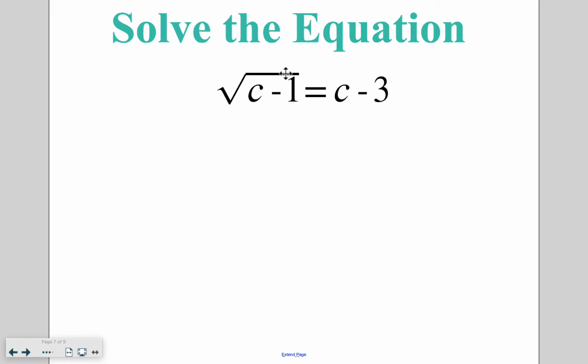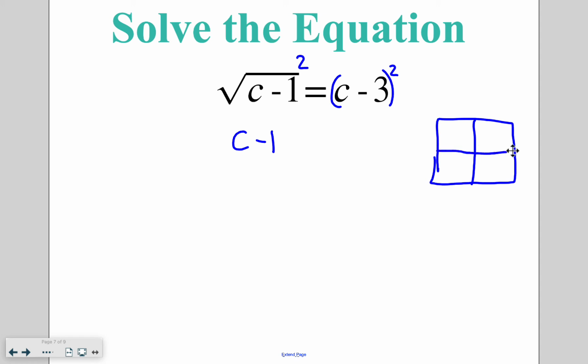Sometimes when we are solving these, there's going to be more than one thing on the equal side. So nothing outside of the square root. So my first step is to square this. Square and square root eliminates. So I've got c minus 1. Now on the other side, this whole thing has to be squared, which means that I'm going to come over to my box and I'm going to have the same thing twice.